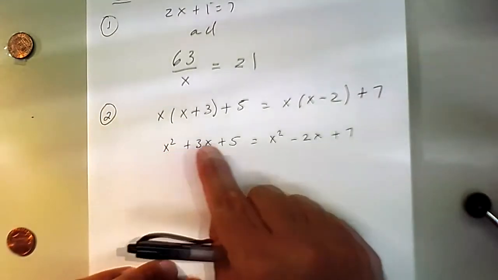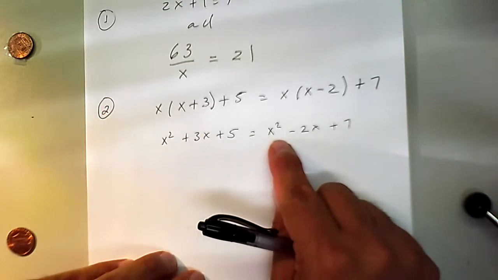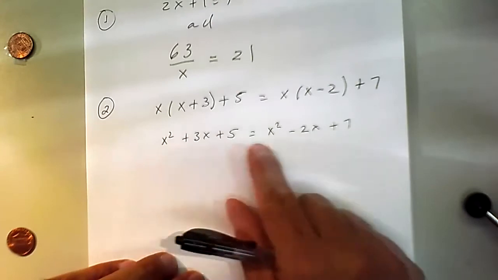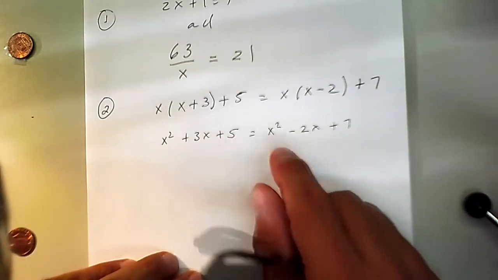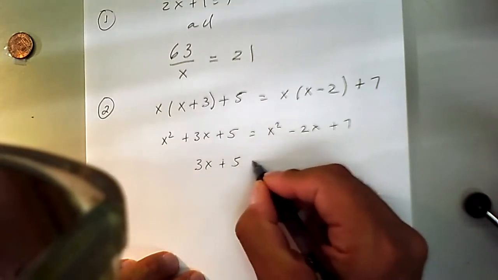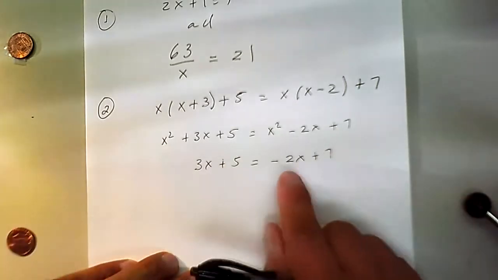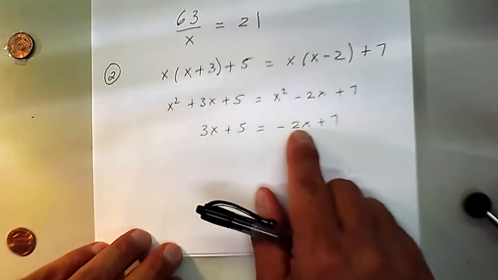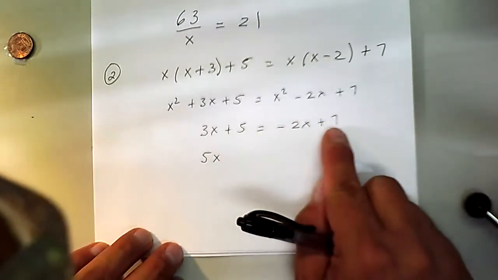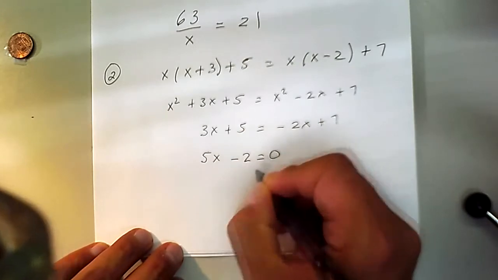Then we can subtract x squared from both sides, and we have 3x plus 5 equal to negative 2x plus 7. Then we can add 2x to both sides, so we have 5x, and subtract 7 from both sides, 5x minus 2 equal to 0.